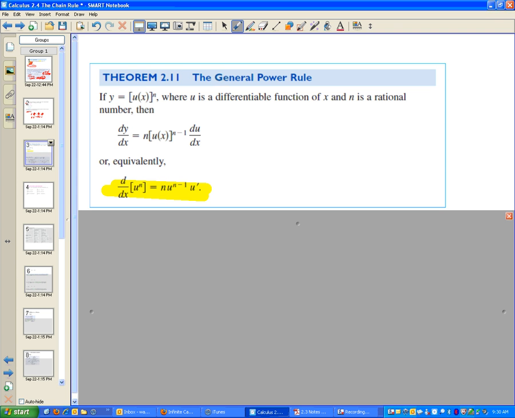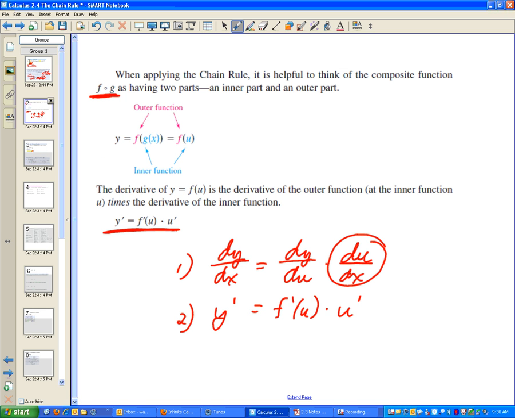Notice, no matter which version we talk about, we've had 3 versions of the chain rule now, the very last thing is the derivative of u. It's always the derivative of the outer function times the derivative of u. Every way we write it, that's the way it works.